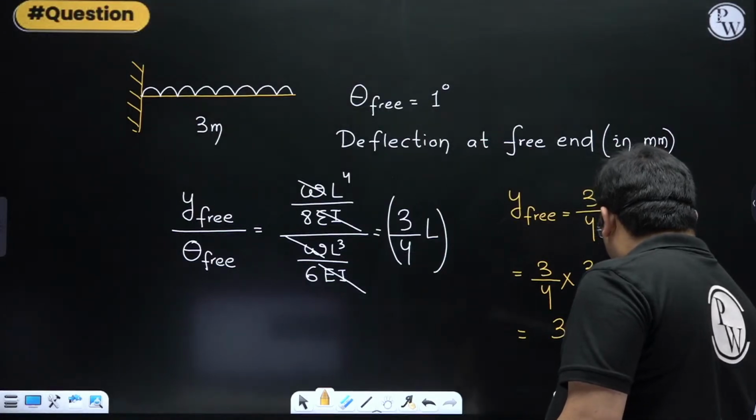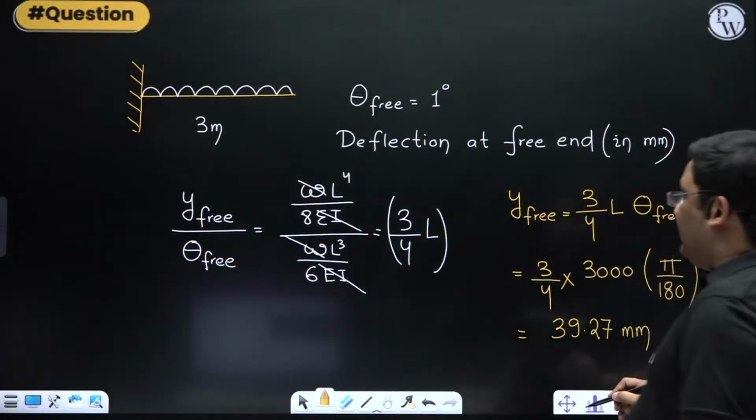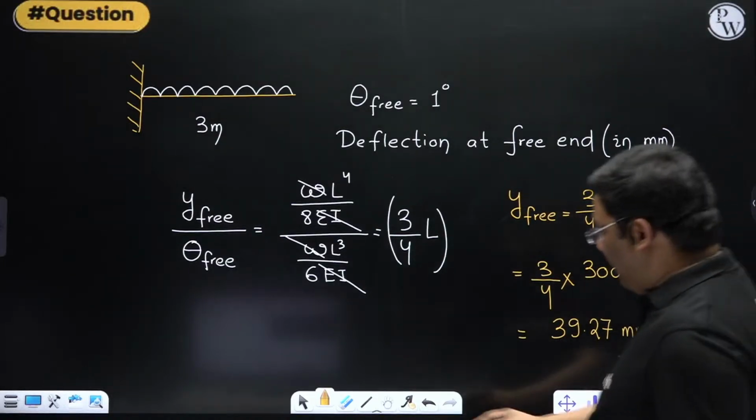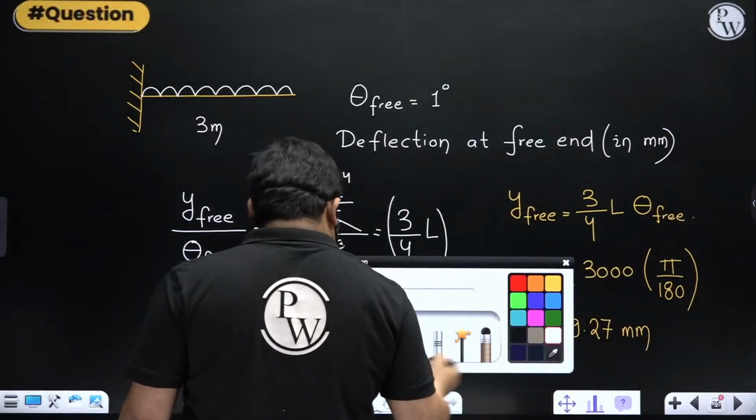These questions are very common in your GATE, ESE, any other exam. These are the questions which they frequently ask in the examination. Therefore I have derived those formulas and I am solving this question.